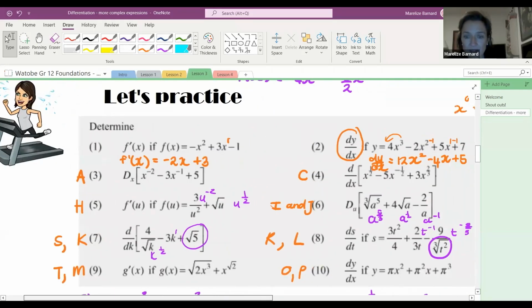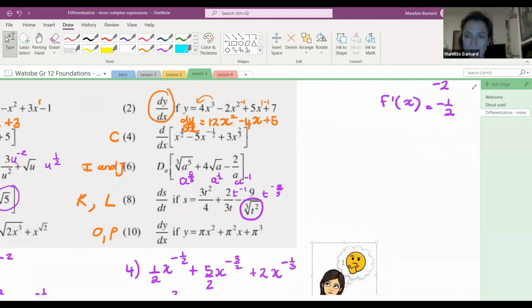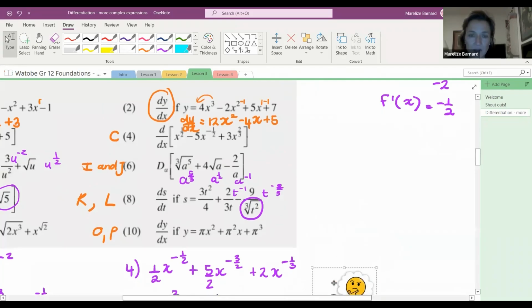Okay, now let's look at this last question, question 10, with all the pi's. So again, pi is a constant, so don't let it throw you off, okay? So no roots here, no fractions. We can differentiate straight away. So dy by dx.